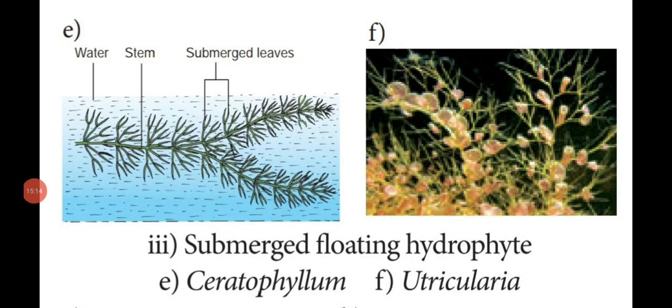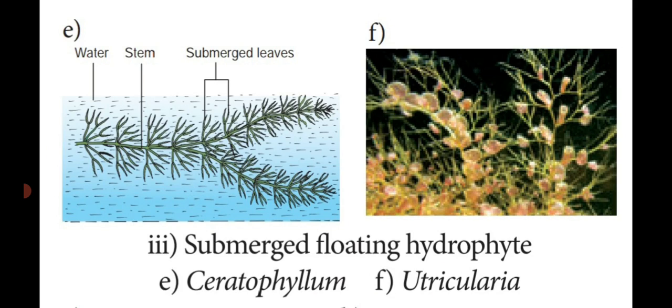See the next diagram, submerged floating hydrophytes. First one Ceratophyllum, second one Utricularia. It is an example of insectivorous plants, otherwise known as bladderwort. These are hydrophytic plants. Plants are totally submerged. That means they are not in contact with the air and soil. They contact only the water. So those plants are known as submerged floating hydrophytes.